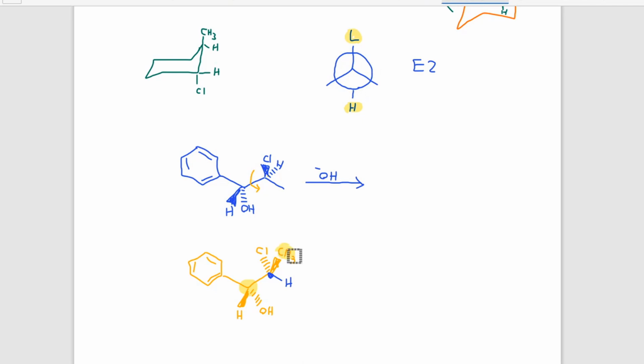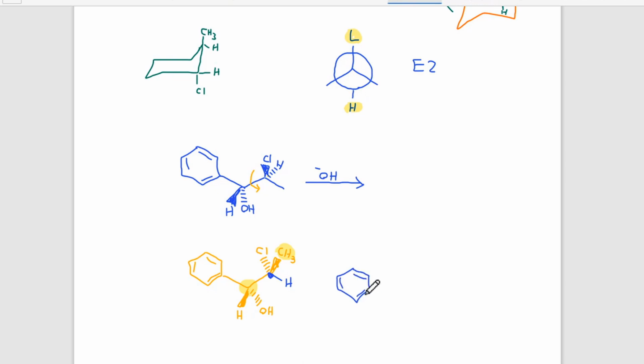Now this over here is also a beta carbon, but keep in mind, this is not a sterically hindered base, so we're wanting to grab the hydrogen that's going to give us a more highly substituted product. And because there's only one hydrogen on the more highly substituted carbon, we're only going to get one major product, which is going to be a cis product in this case, or some derivation of that.